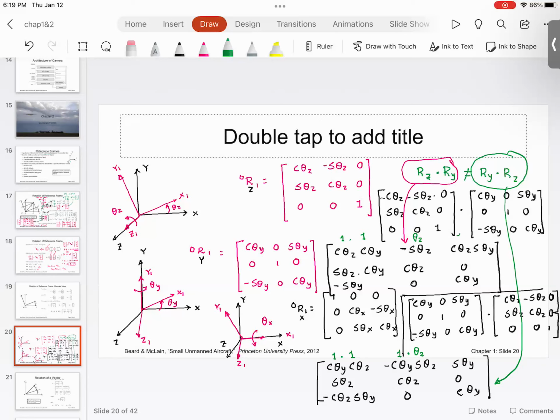Cosine theta z becomes 1. Sine theta y becomes theta y. And here, sine theta y becomes theta y. Sine theta z becomes theta z. Cosine theta z becomes 1. Here, cosine theta z becomes 1. Sine theta y becomes theta y, 0. And cosine theta y becomes 1.